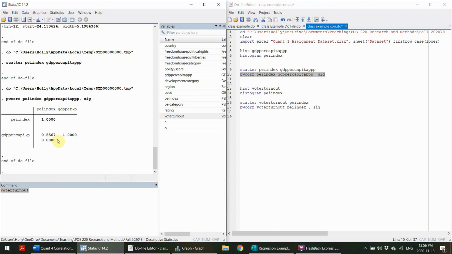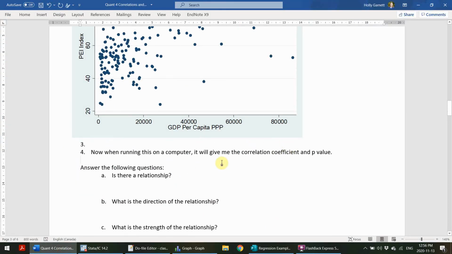They obviously round to four decimal places, so it wouldn't be completely 0 at the end of the day. There'd be a number down here somewhere, but p is less than 0.0001 for sure. So I ran it on my computer and I got 0.56 as my correlation coefficient, and p is less than 0.0001.